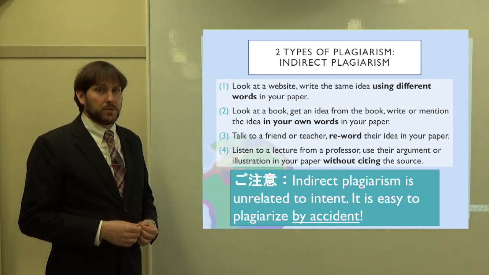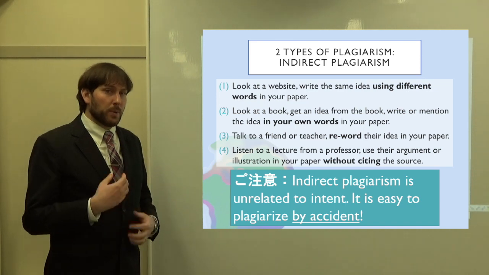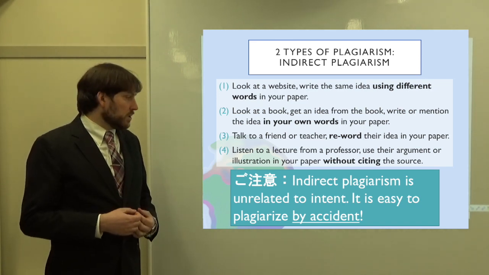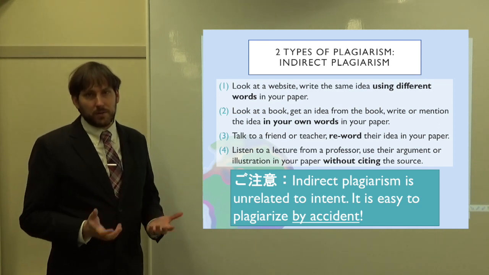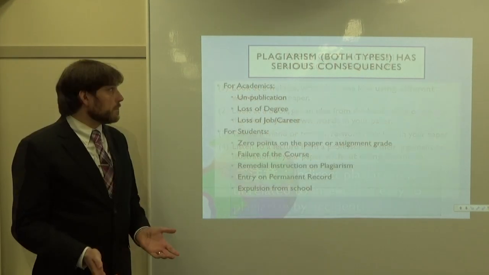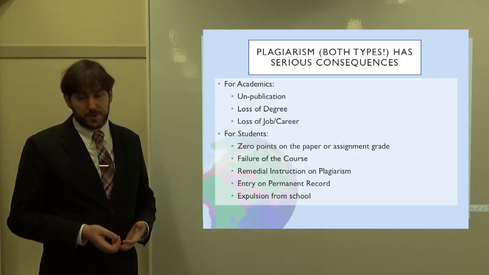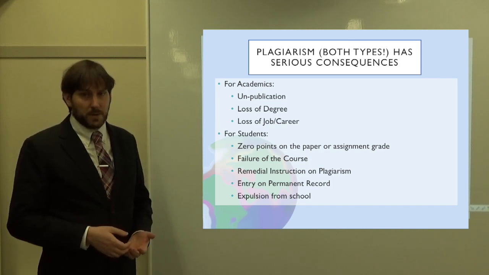So part of learning to do academic writing is learning how to make papers in a way where you will not steal ideas even by accident, where you will be careful to mention where you get ideas and who you get ideas from. Plagiarism has very severe consequences. This doesn't matter whether it's direct plagiarism or indirect plagiarism.